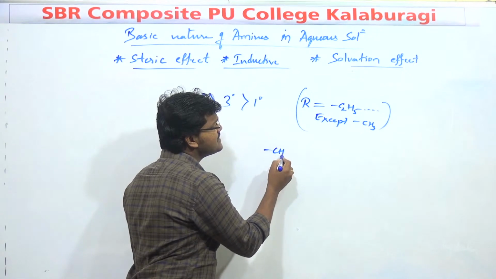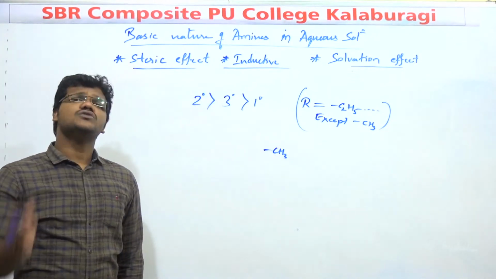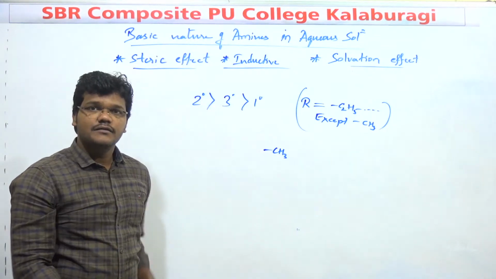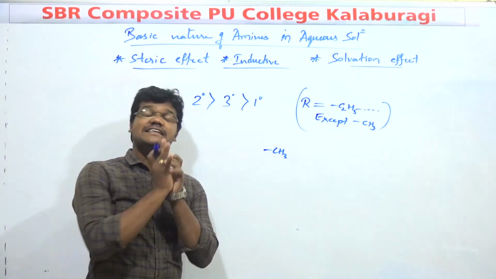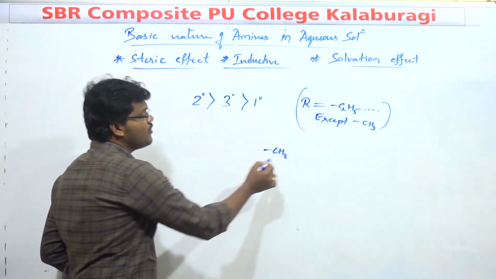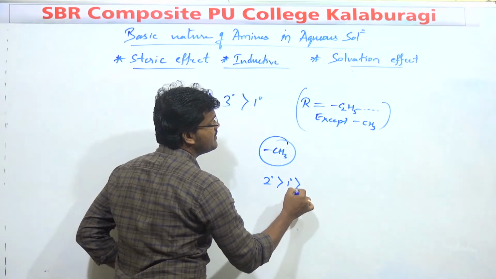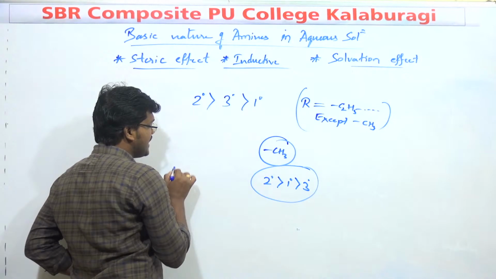Methyl is the smallest alkyl group among all. So compared with ethyl, propyl, butyl, methyl will have less steric hindrance. So that is why for methyl we get the order secondary, primary and tertiary. This is the order for methyl amines.